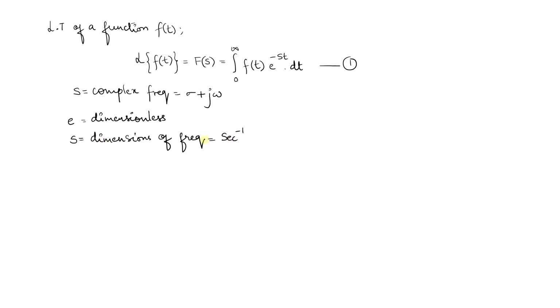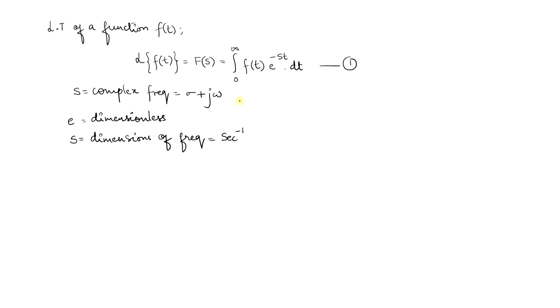So in the Laplace transform of the function, we have transformed from time domain to the frequency domain, and in the frequency domain we represent this as F of s. Now if you look at the limits of the integration in equation 1, the lower limit is 0 and the upper limit is infinity.